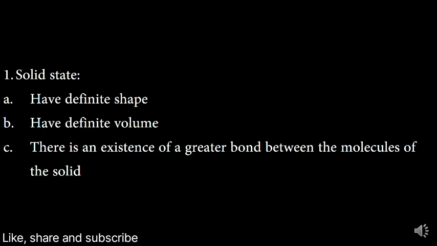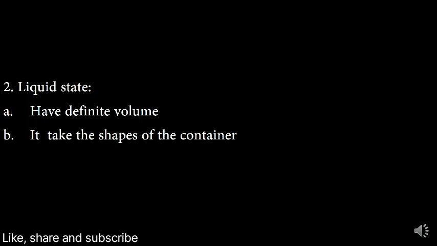The next one is liquid. Let us not waste much time on that. Liquid will first of all have a definite volume, and it takes the shape of the container. That means it does not have a definite shape like that of solid. This is one difference between solid state of matter and liquid state of matter.